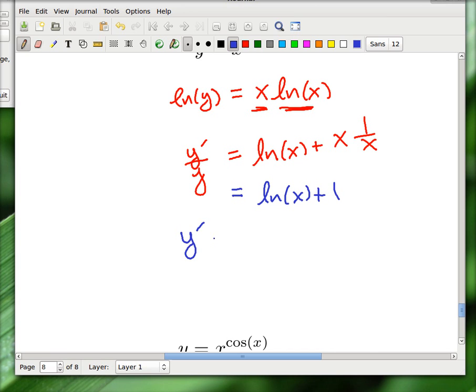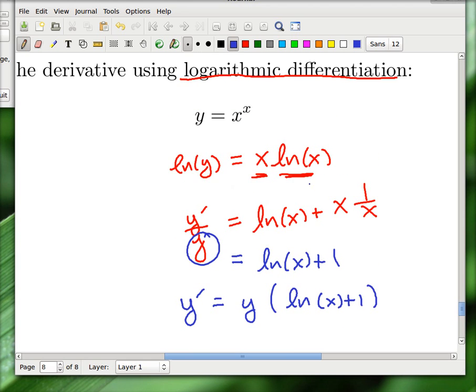Now to isolate y prime, I can do this. Okay, so what I did was just clear by that y. Okay, the very last step is to go back to what's probably the original equation that gives y as a function of x. And so that lets you write your whole answer in terms of x.